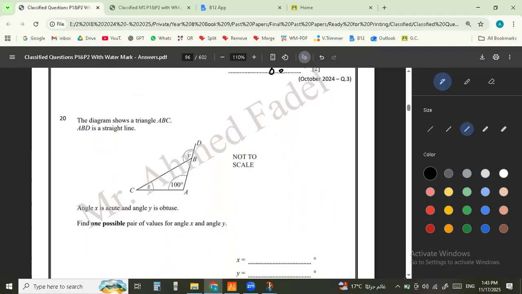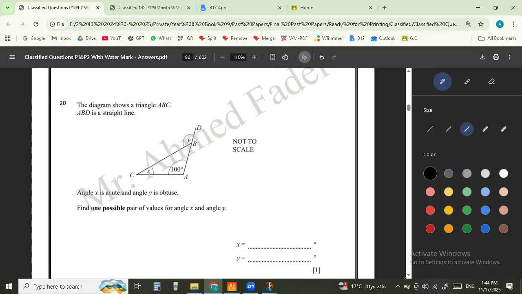The diagram shows a triangle ABCD, and they're telling you that ABD is a straight line. Angle X is acute, angle Y is obtuse. Find one possible pair of values for angle X and angle Y. Well, if I say this is any acute angle, 50, then this must be what?